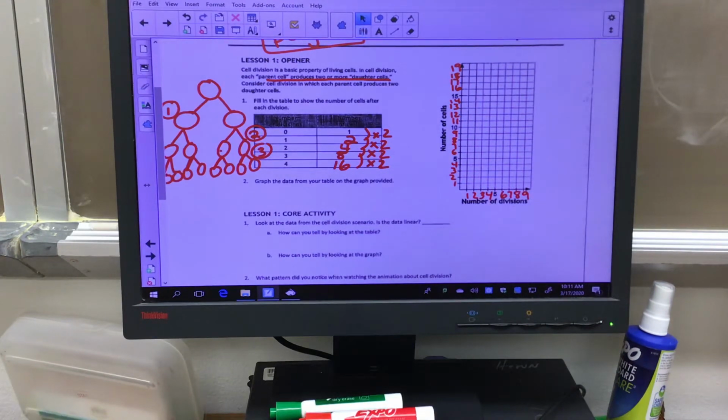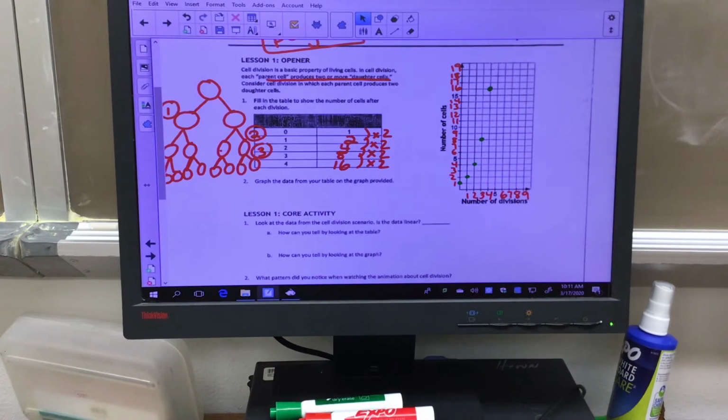So 0 gives me 1 cell, 1 division gives me 2, 2 gives me 4, 3 gives me 8, 4 gives me 16.